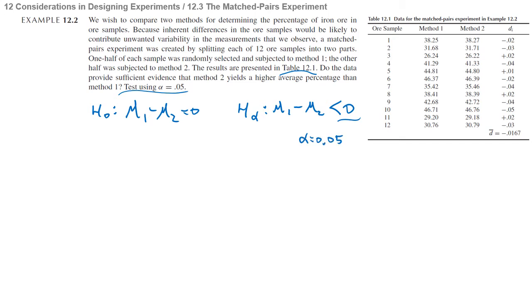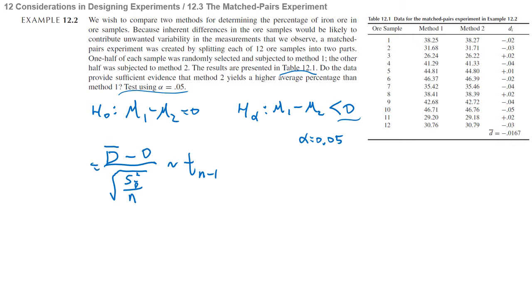And what would be the test statistic? The test statistic would be d bar minus 0 divided by square root of s d bar squared over n. This would be our test statistic, and this will follow t distribution with n minus 1 degrees of freedom. And what else?